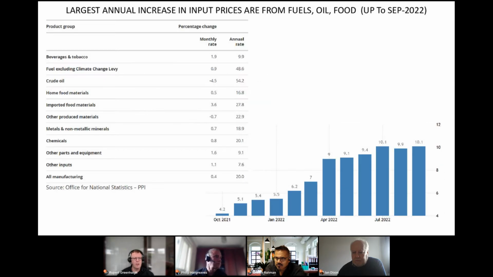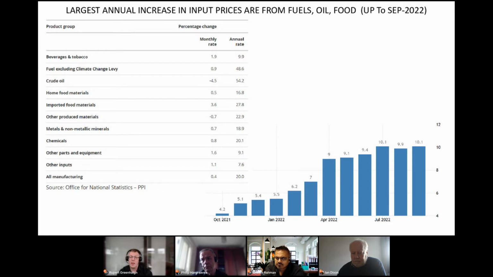If we move quickly on, I think your interest today is looking at what we're seeing in terms of rising costs for business, and there are no big surprises. The Bank of England, along with the Chancellor, are paying significant attention to the annual inflation changes. In September, the figures were just above 10% for inflation, up from 9.9% in August.